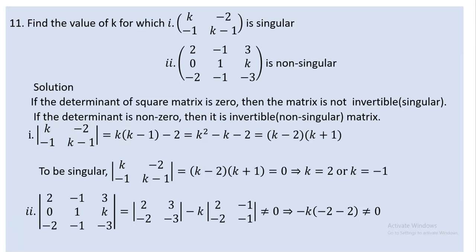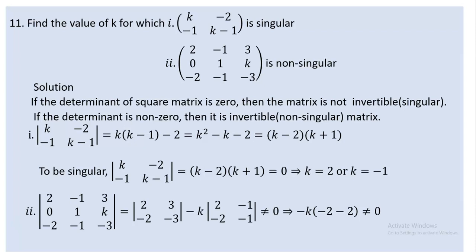Basically, you can also look for the determinant of this first one. 2 times minus 3 is negative 6, and 3 times minus 2 makes negative 6. So negative 6 and negative 6 are identical, and when you take the difference, it will be 0. That's why we have 0 here, and then minus k of, again, now look, students, find the determinant of this one. 2 times minus 1 makes minus 2, and then minus the product of negative 2 and negative 1, which is positive 2.